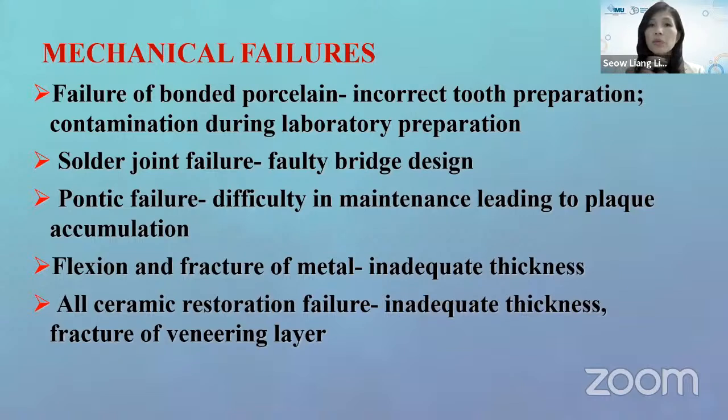And also when you do the occlusion adjustment, as we all know, our natural teeth have the ability to depress in the periodontal socket. But for implants, they do not get depressed. They only have the elasticity, a little bit of give for depression only.